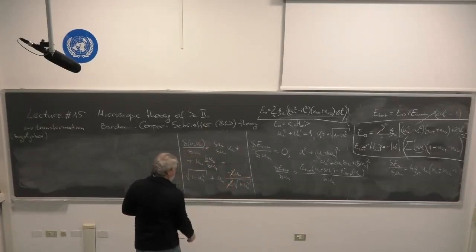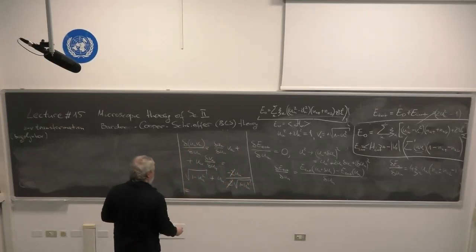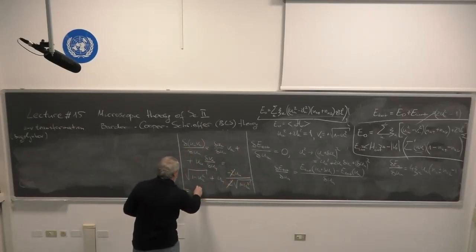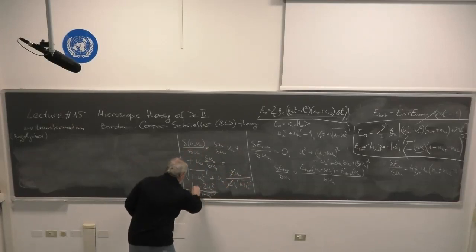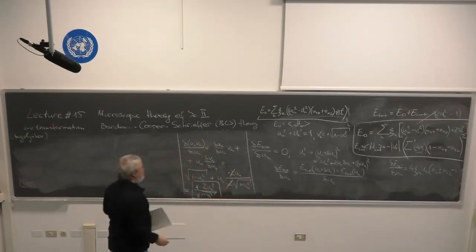I multiply the square roots and I get 1 minus 2 u_k squared divided by the square root of 1 minus u_k squared. Good. This is what I will need soon.